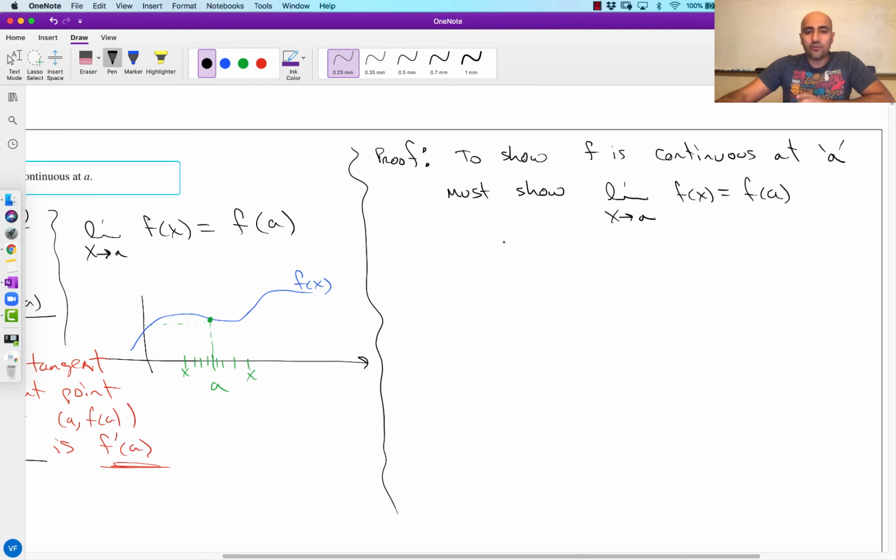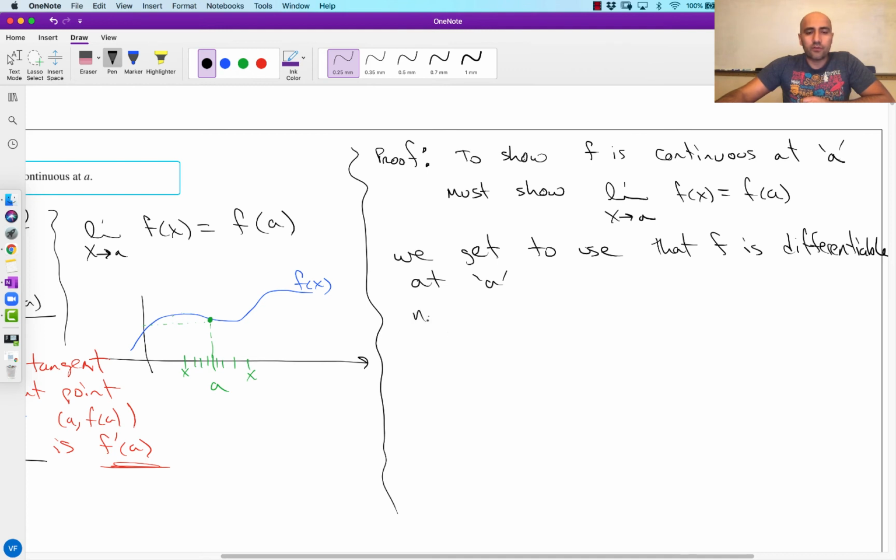But we get to use the statement that f is differentiable at a. So, as we saw before, that must mean that the definition of derivative is true.